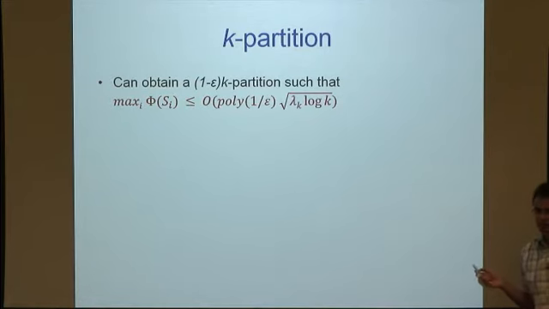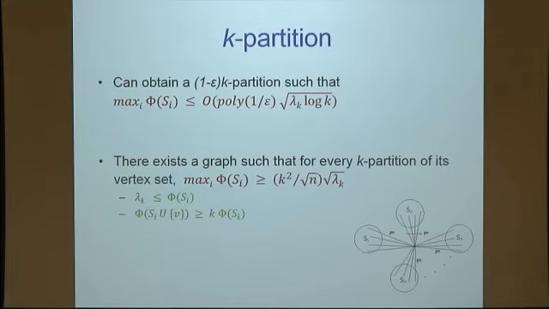You really need that, because in general, if you wanted an exact k-partition, then there exists a family of graphs for which the max of phi of Si can be much, much larger than square root lambda_k, as large as k squared divided by square root n. So the family of graphs essentially looks like this. You start with k cliques and a central vertex, and then you add edges between the central vertex and every other vertex individually with probability p.